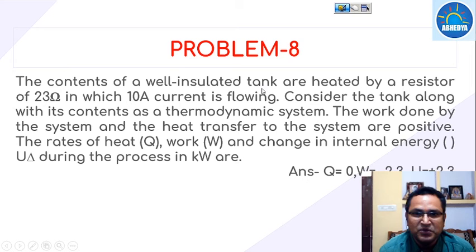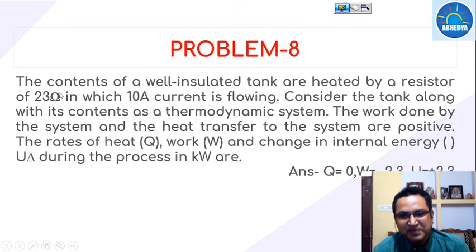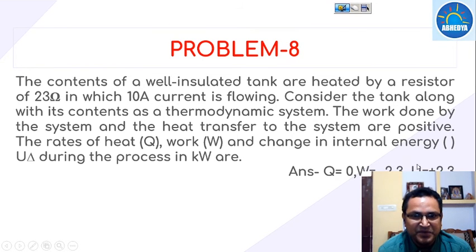Okay, now come to the next problem. It was asked in GATE 2011, and it is related to a resistor and electrical work, as we already discussed in the 2003 problem.